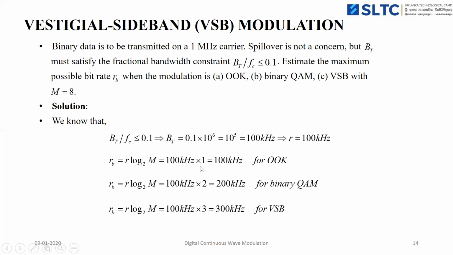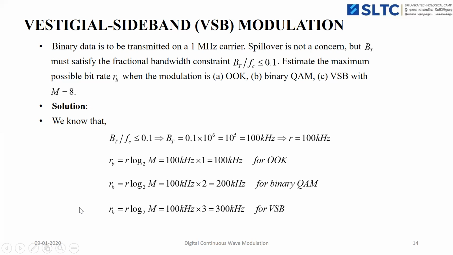In binary QAM, the number of symbols is 4, so M equals 4, and it becomes 2 times R. So 100 kilohertz times 2 equals 200 kilobits per second is the bitrate for binary QAM. Here the unit is bits per second per hertz.